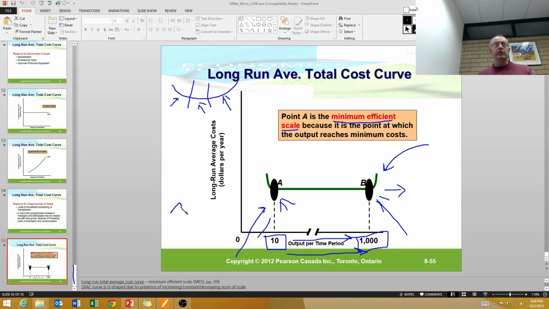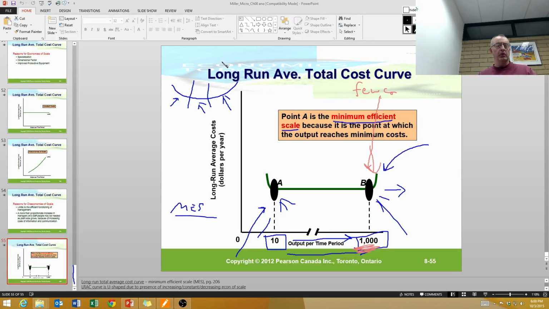And the final point about this minimum efficient scale is that it can be used to measure the degree of competition in an industry. If the minimum efficient scale is relatively large, then there are likely going to be a few competitors in the industry, because there aren't going to be that many people that can come into the industry and produce at this output level. A good example of this is probably the airline manufacturing industry. There are only a few large aircraft manufacturers in the world.